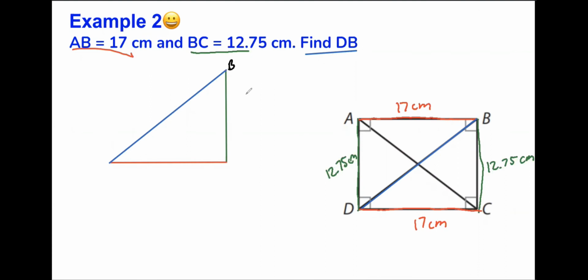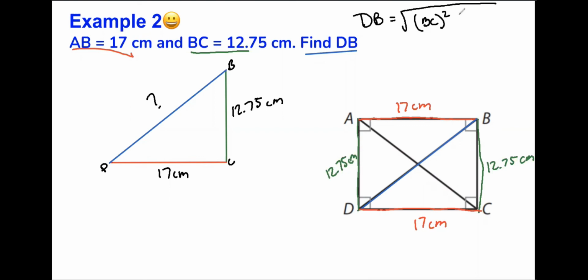So here's B, here's C, and here's D. This one is 12.75. This one is 17 centimeters. And we're trying to find the length of DB. Do you remember DB? It's going to be equal to the square root of BC squared plus DC squared.